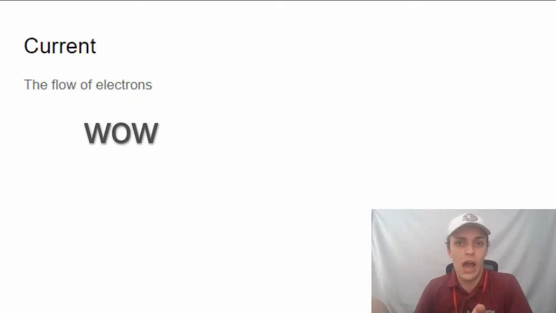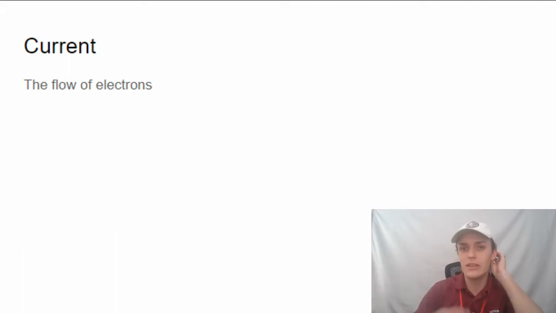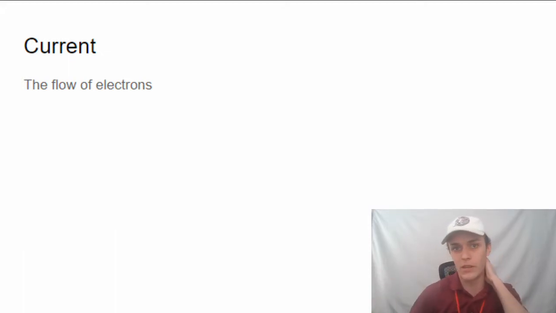So the first one, we'll start with current. Current is simply what we think of as electrical current. That's something you think of in everyday life, like electricity coming out of outlets, powering things, traveling in power lines. So what's actually happening? Current is just the flow of charge from one place to another. Specifically, the flow of electrons, because protons don't really move as easily as electrons.